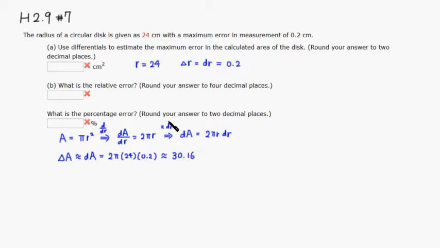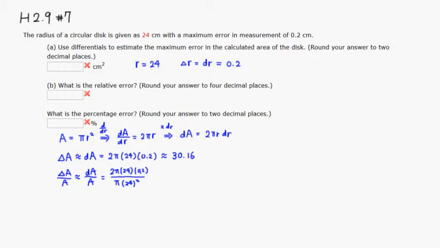And for part B, what is the relative error? The relative error is just the ratio between delta A and the area itself, so this is going to be dA over A, which equals 2 pi times 24 times 0.2 on top, and on the bottom pi r squared.